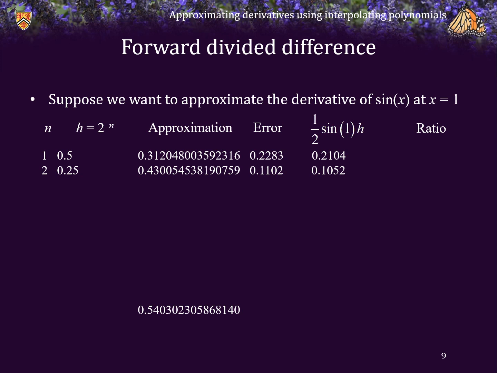Next, let's take the ratio of the current error over the previous error. We said that the error should drop by a factor of 2 if we halve h. And we notice that the ratio between the errors is approximately 1/2.